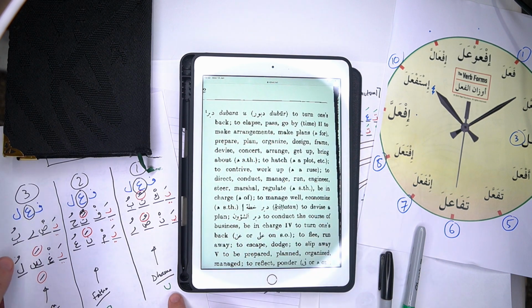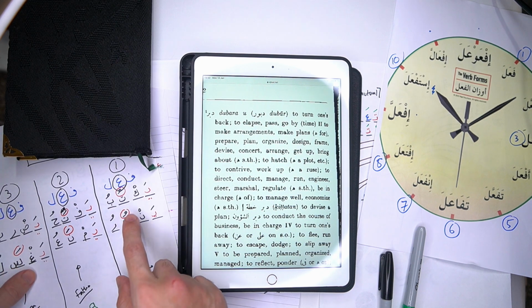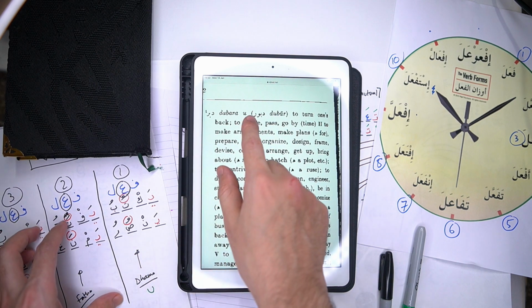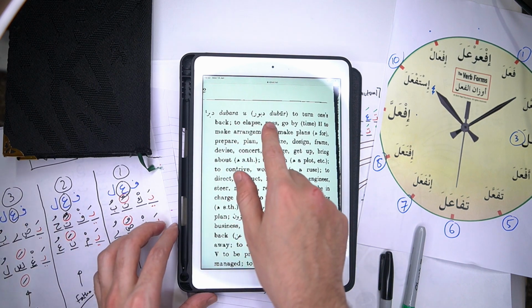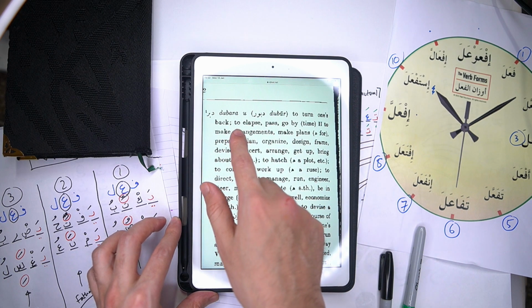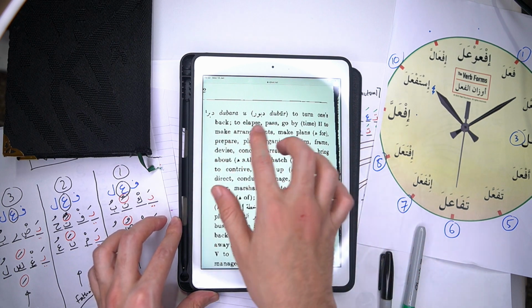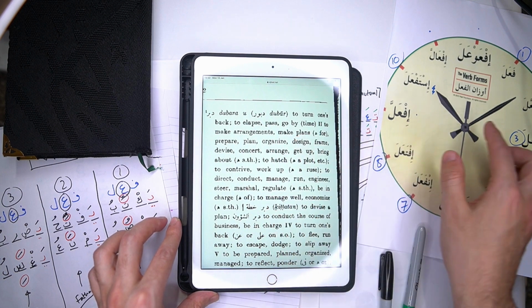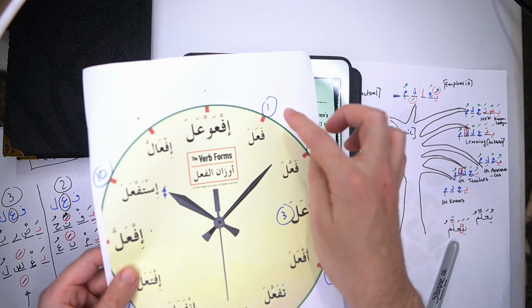And we said, what does the U represent? U again, it means the Dhamma is in the Ain position. So in the present verb, dubur, to turn one's back. Yeah, so dabara yadburu, if any Arab uses that, it means to turn one's back, elapse, pass, go by. That's in pattern number 1.